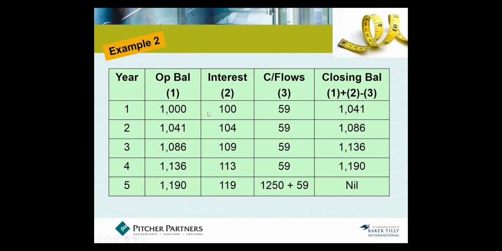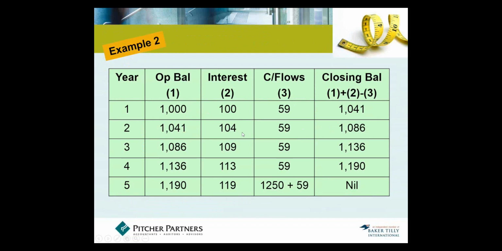The interest is using the effective interest rate that you've calculated. 10% of the opening balance is 100, so that increases your loan. You deduct the cash that you've paid out, the 59, and that is the closing balance of your loan at the end of year 1, which becomes the opening balance for year 2.